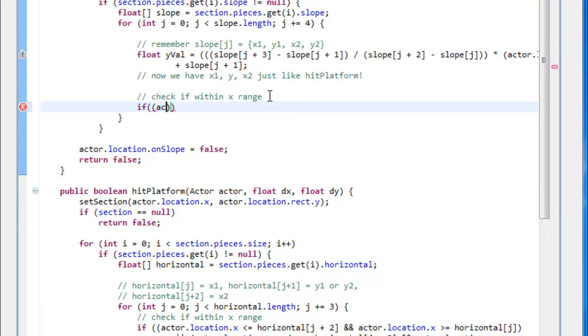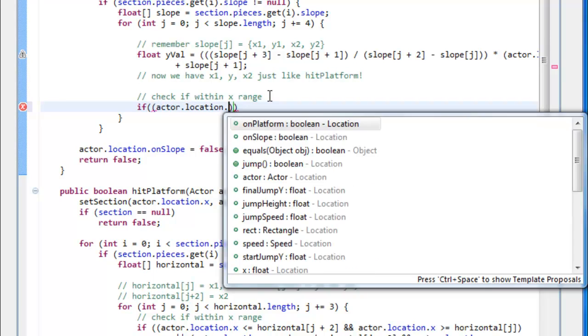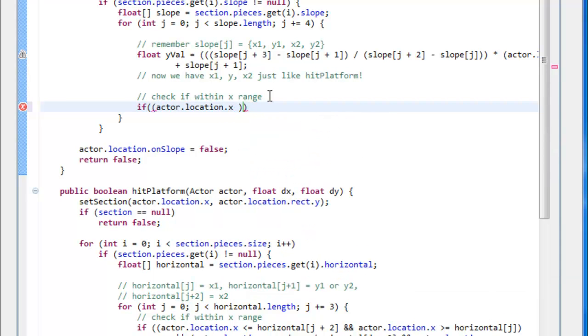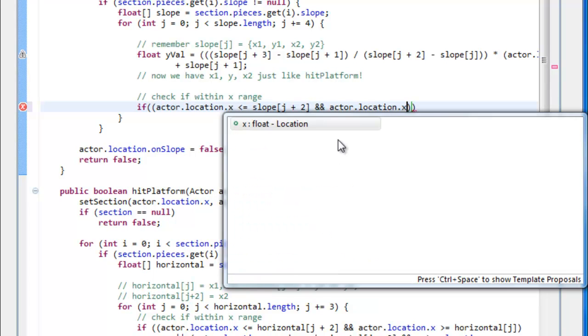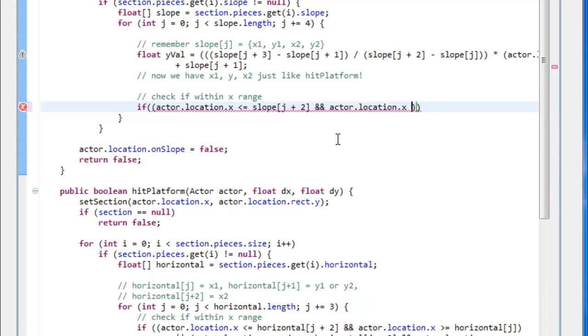So actor.location.x has to be less than or equal to the slope j plus 2, which corresponds to x2, and actor.location.x has to be greater than or equal to slope j.